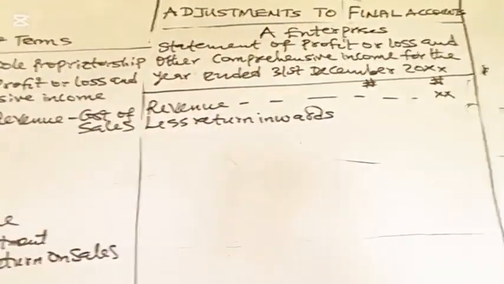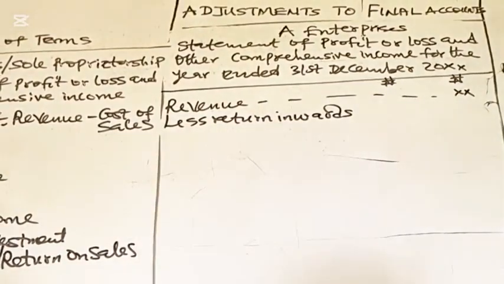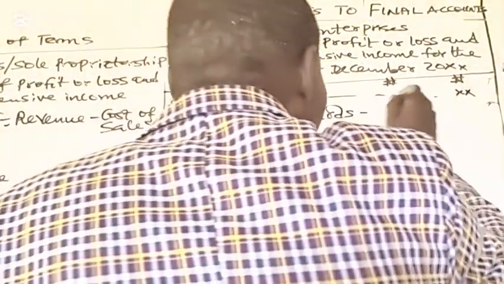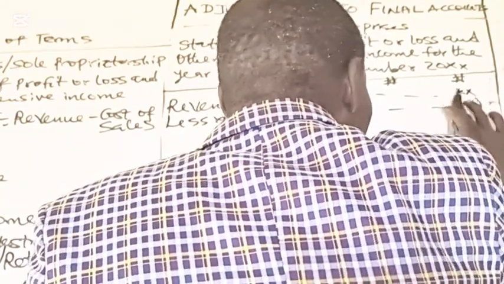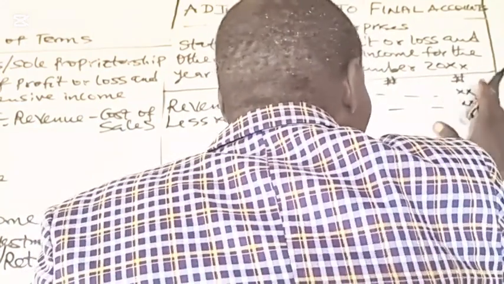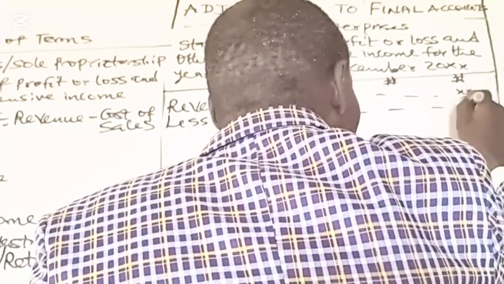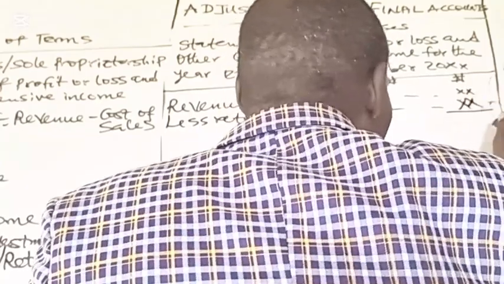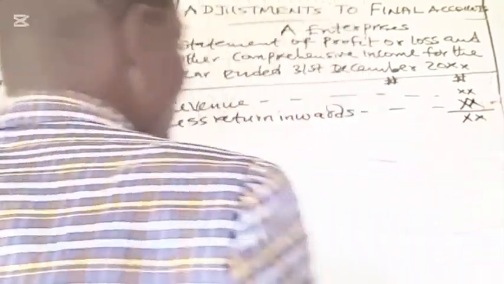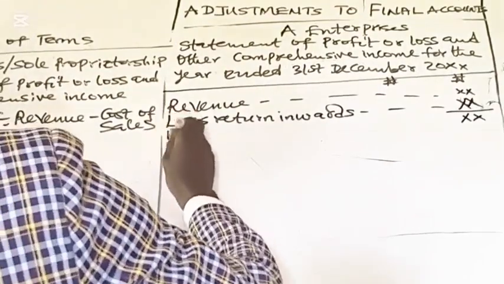Therefore, return inwards, you have to subtract it from sales since it is no longer supposed to form part of your revenue. You subtract it because it is no longer sold out. It is not sold out again since they have been returned back to you by the customers. So you have the net revenue.